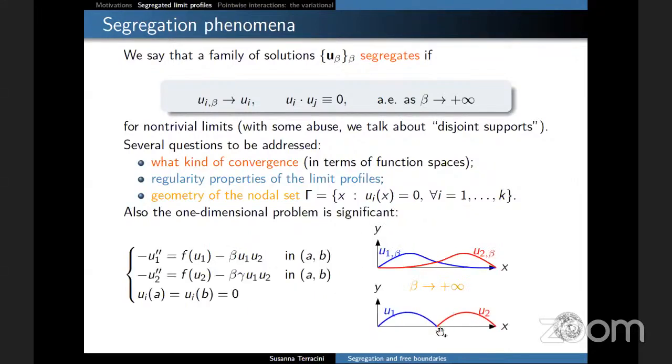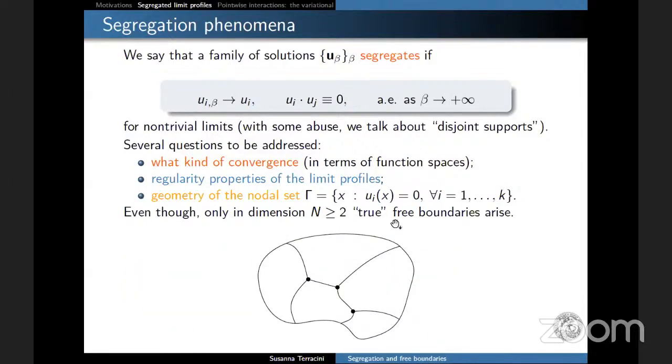In the one-dimensional case, the interface for this model is just one point or a finite set of points, while in 2 dimensions, free boundaries arise, and the geometric structure is an interesting object of investigation.